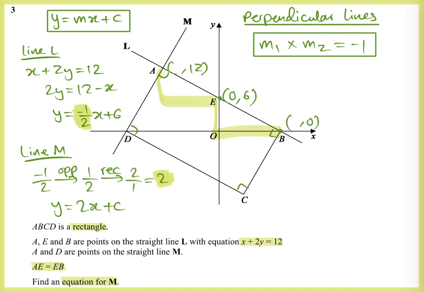To find the x-coordinate of A, since it's on L, we can put the y-coordinate of A into line L and find the x-coordinate, or we can find the x-coordinate of B and then do the same thing. I'm going to use B, using line L, so I'm putting 0 into here.